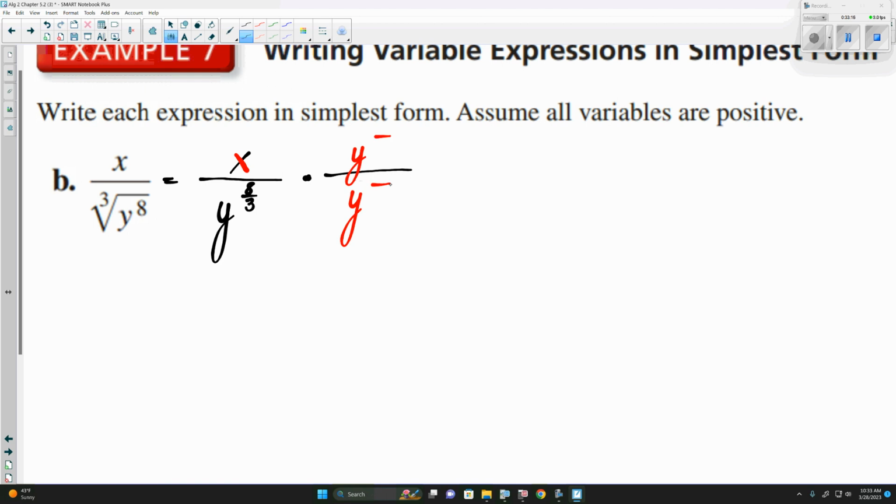to what fractional exponent? Over? Because we have the 3 on bottom to match up with our root, match up with the 8/3. We need them to both be thirds. And in the denominator, when we multiply like bases, we add the exponents. So 8/3 plus 1/3 is?